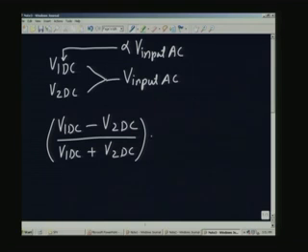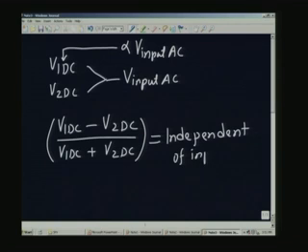So, you see that this is independent of input AC magnitude. This ratio, the difference between the voltage V 1 and V 2 on the DC side, divided by the sum of these two, or the average, is independent of the input AC magnitude.